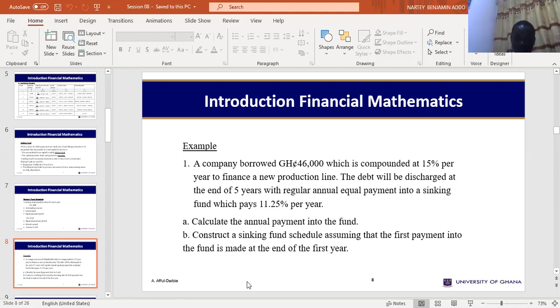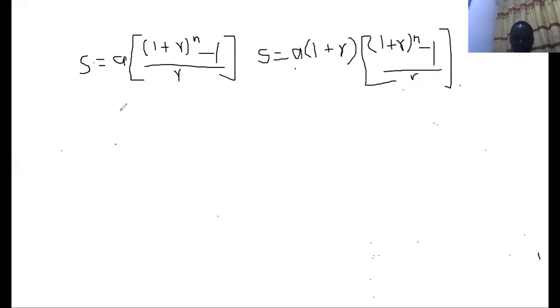So you need to determine the value of the loan at the end of this 5 years by using the simple future value formula. So if you want to find the value of the loan at the end of the 5th year, here your principal P is 46,000.